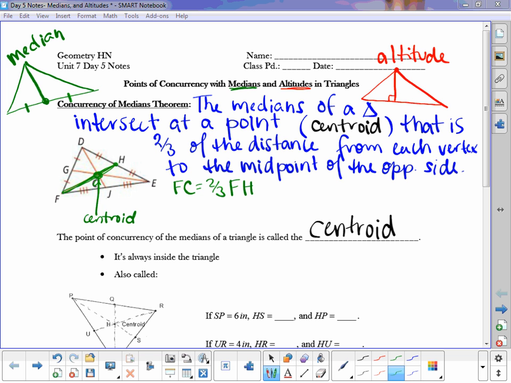So if the entire median is 30, how much is FC? 20. So if FC is 2/3 of it, how much is left over for CH? Right, 10, or 1/3 of it. So I'm going to write that underneath.